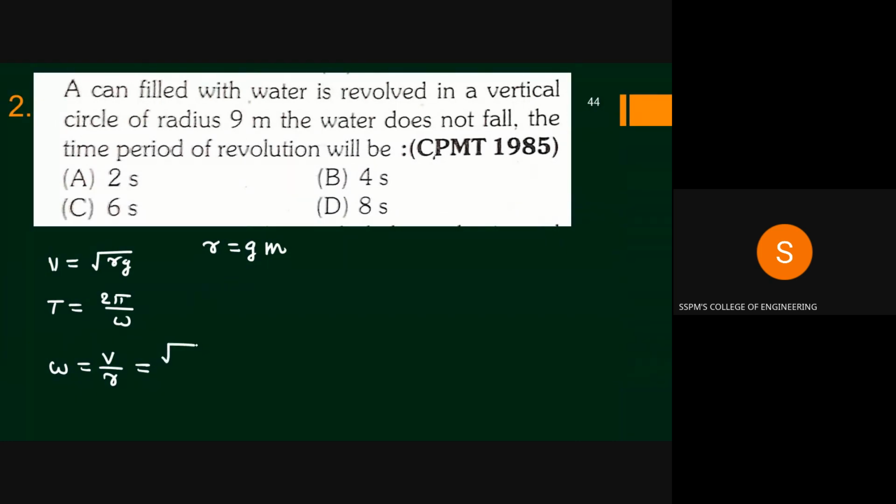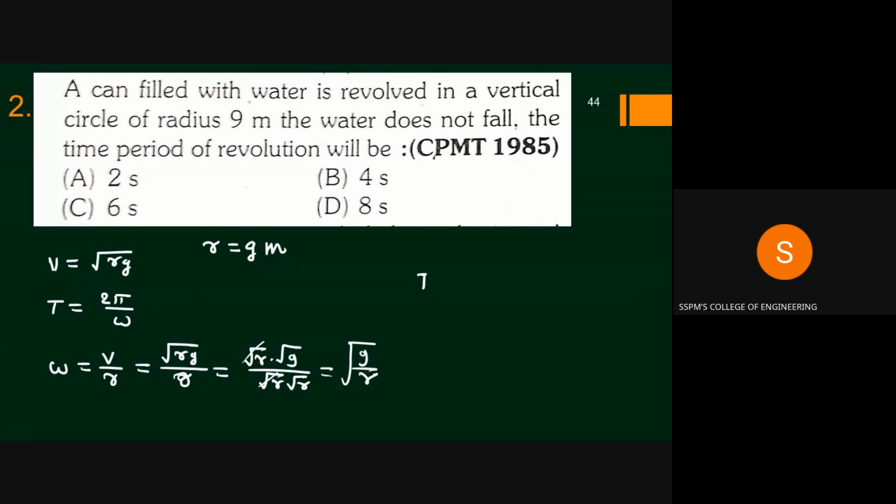So v value is square root rg divided by r. So the answer we will get is square root r square root g upon r, and r is nothing but square root r into square root r. So this will get cancelled. Remaining value is square root g upon r. Okay, this is the value of omega.